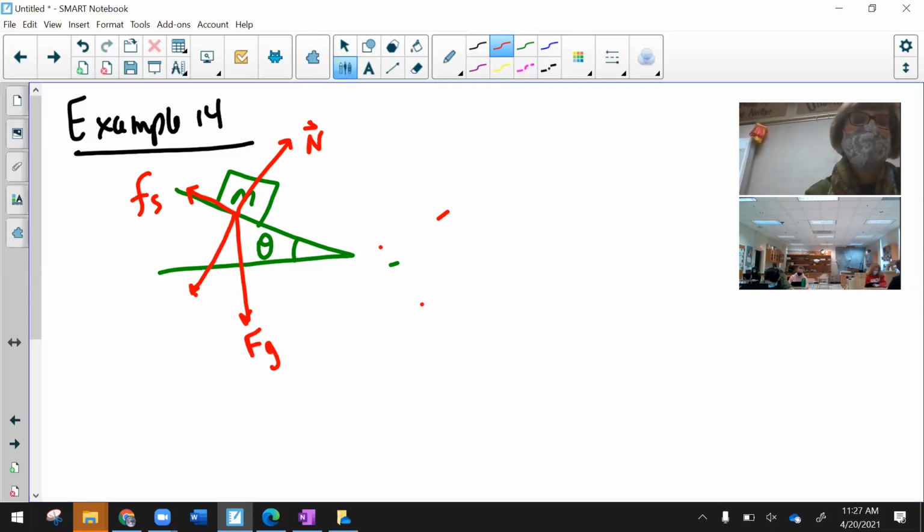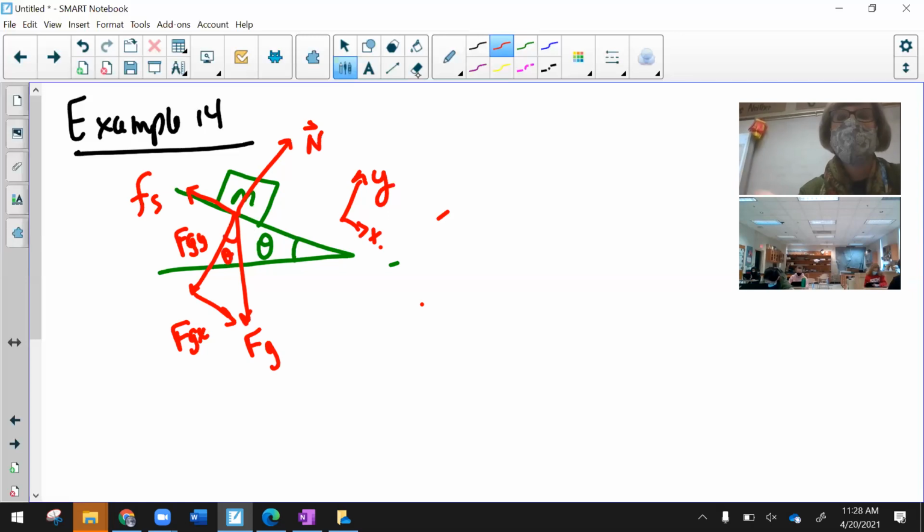And then I can have my components for my FG, because that's going to be my X and my Y. So this will be FGX, this will be FGY, and that will be theta. Okay. Do you have that as theta? Yeah. Okay. Because I think that's an important thing.